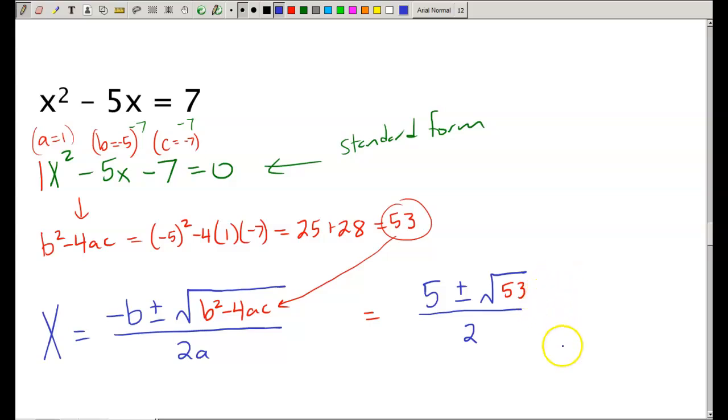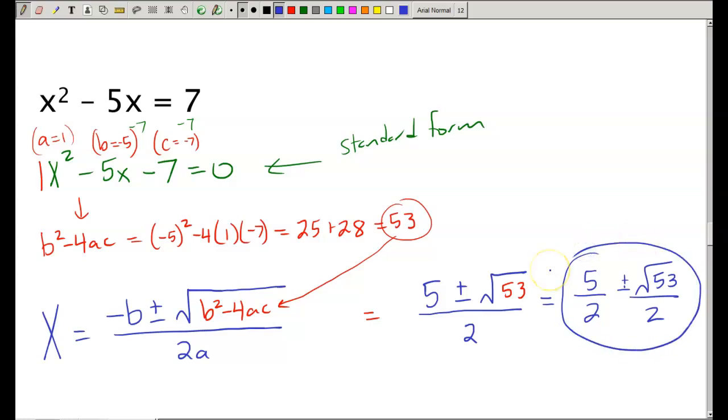What I like to do and what I would suggest is to actually break this up into 2 fractions. To write this as 5 over 2 plus or minus the square root of 53 over 2. These are my answers, right? These are my 2 answers that are going to solve this equation up here.